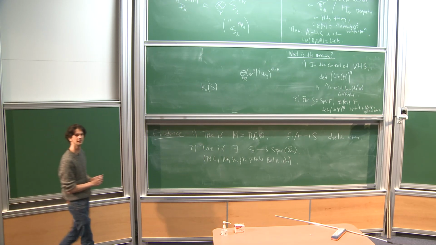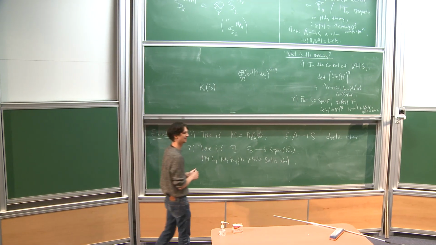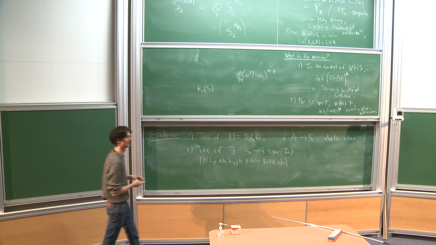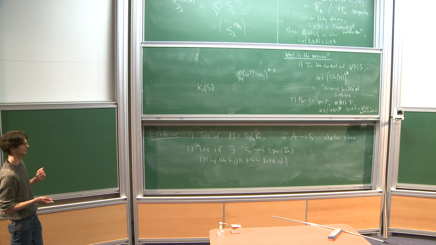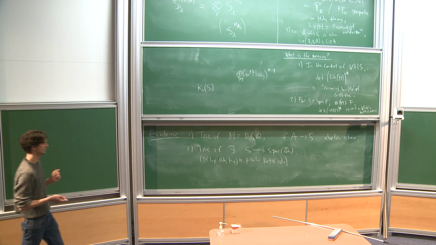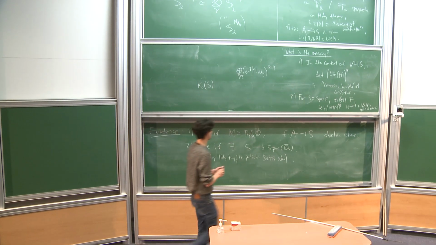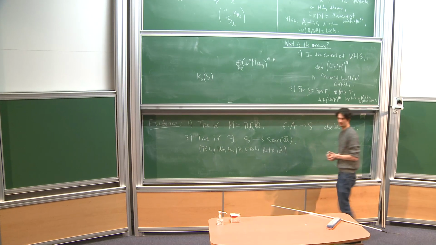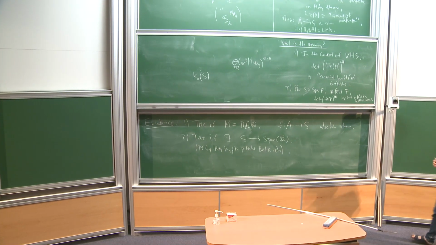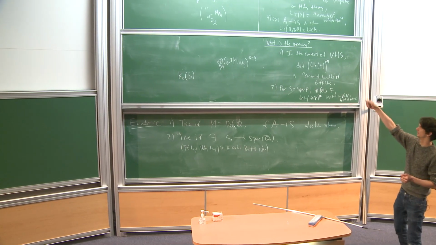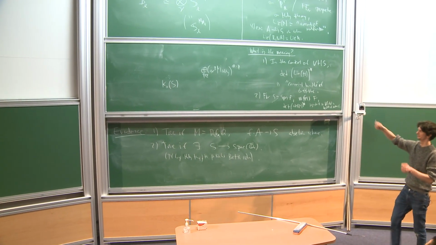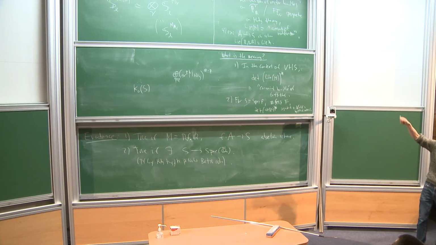I want you to clarify. If you have something over Q bar, let's say smooth of finite type, is S not necessarily smooth? In the usual theory of variation of Hodge structures, S is smooth. Yes, that's true, but everything has descent, so you can use resolution of singularities.